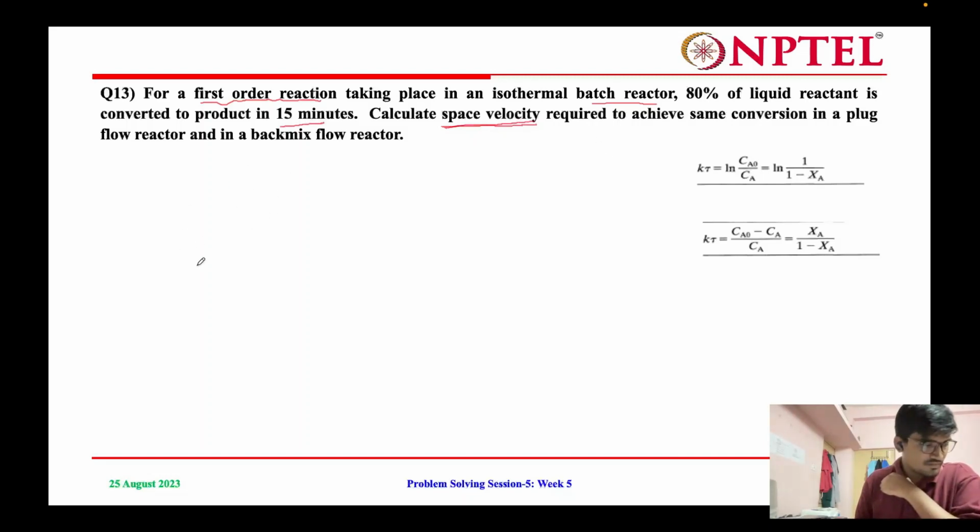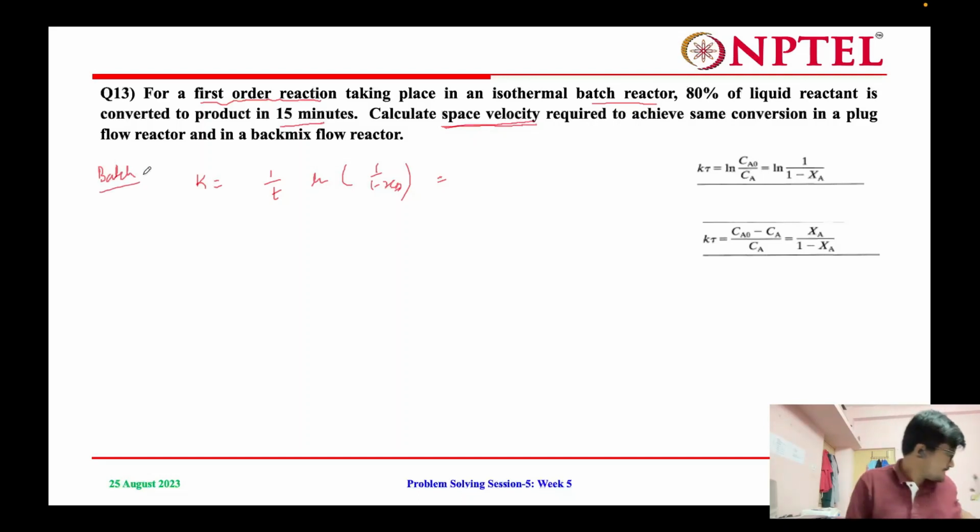So for the batch reactor, k is equal to 1 by t ln 1 by (1 minus XA), which gives 0.107 minute inverse, right?